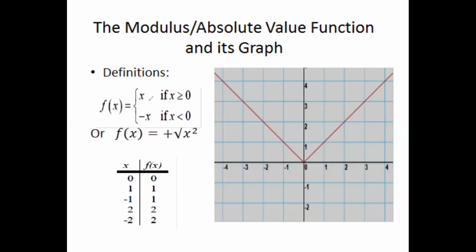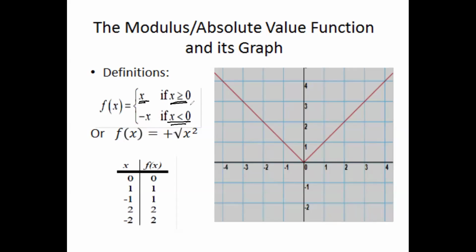So what you're seeing here: when the value of x, or the domain value, is zero or positive, the range is positive as well. When the domain is negative, that's less than zero, you simply change the value of x to minus x, meaning you keep it positive, right?